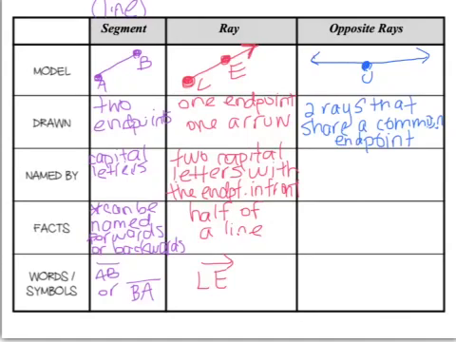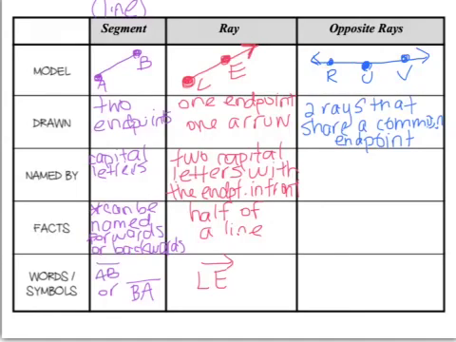So this is a straight line. So let's say R and V. So we have ray UR and ray UV. They're opposite rays because they form a straight line, so they're directly opposite of each other.